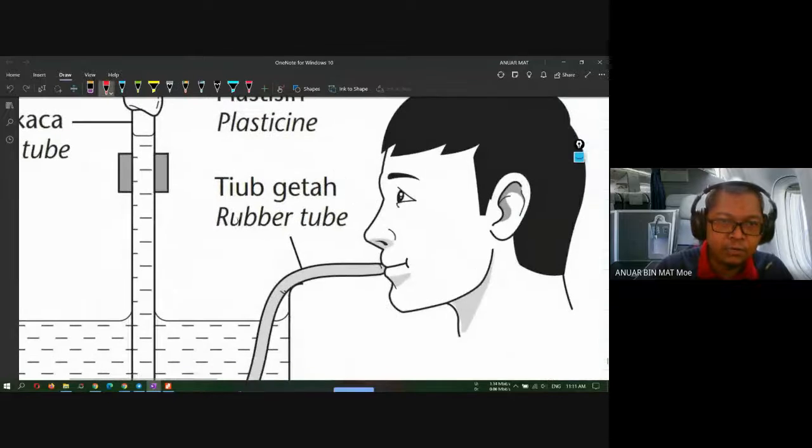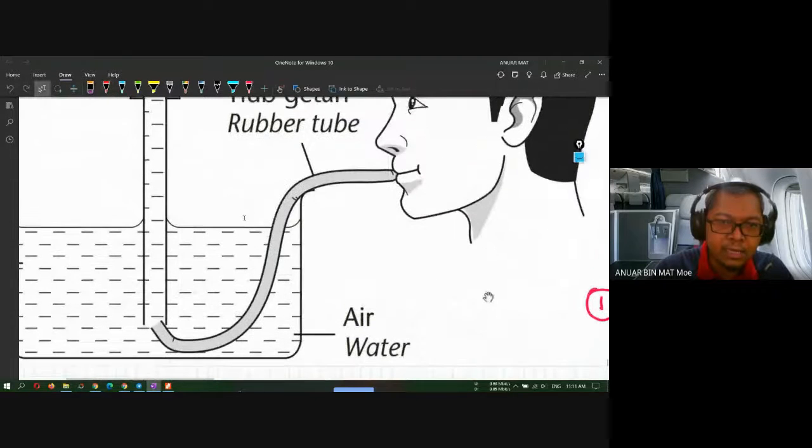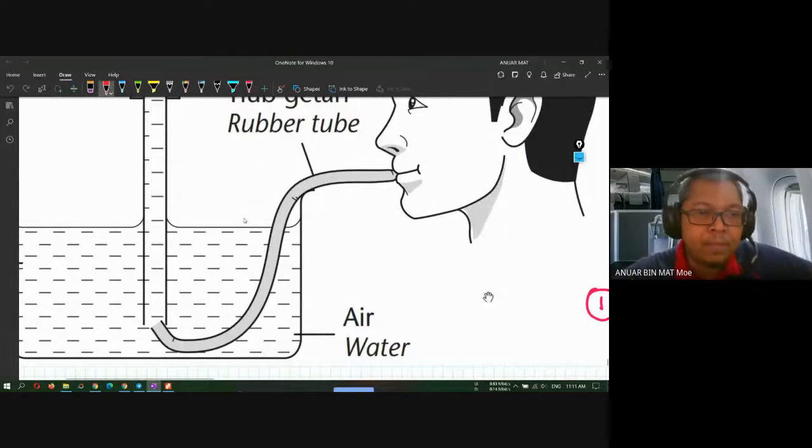So I try to zoom in a bit for you to see clearly. There will be a bubble. Okay, I will try to draw it.